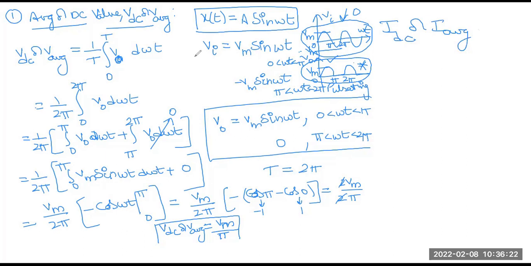And they do it with the same procedure. How? It is equal to 1 by T integral 0 to T. Instead of V naught d omega T, they write IL d omega T. Now, what is this IL? It is the same, instead of V, you replace I.